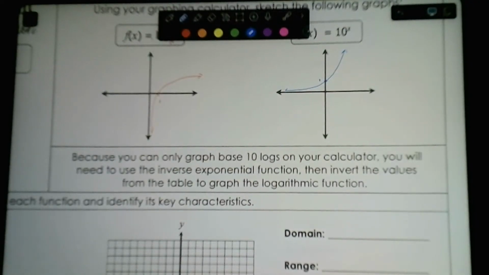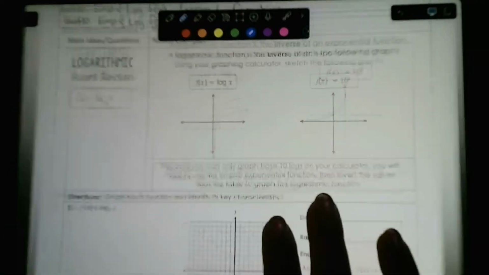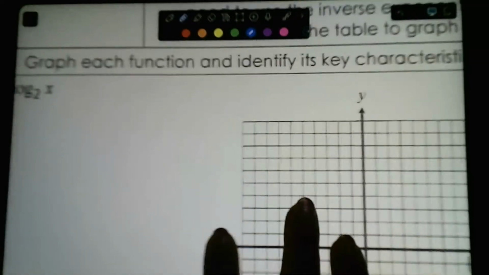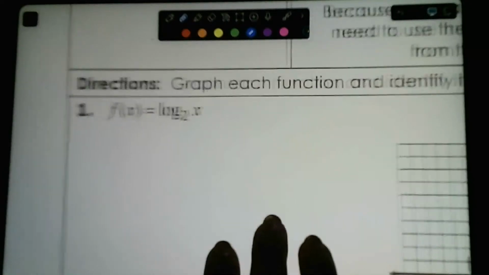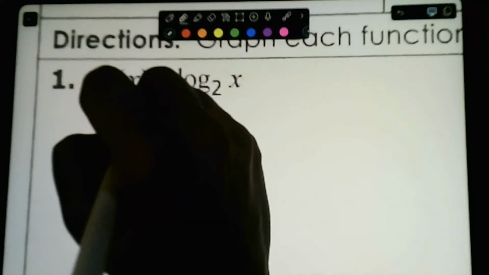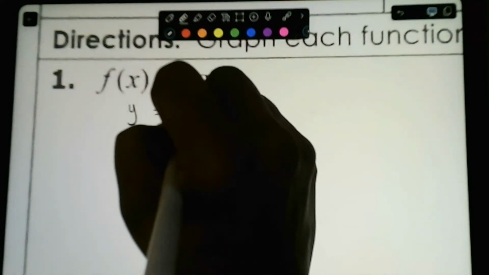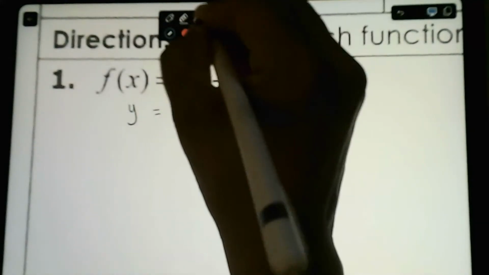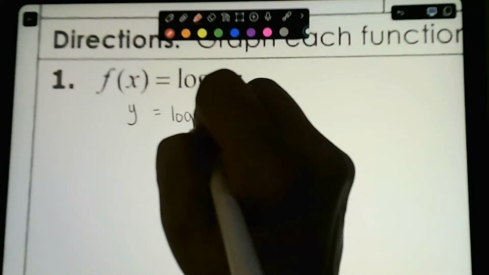Because most graphing calculators can only do base 10 on the logs, you're going to have to use the inverse exponential function and then invert the tables in order to find the table for your log function, which means I got to turn this into its exponential form. All right, so reminder, here's how we turn this into exponential form. The base is 2.